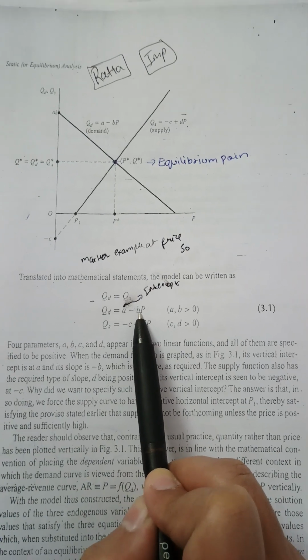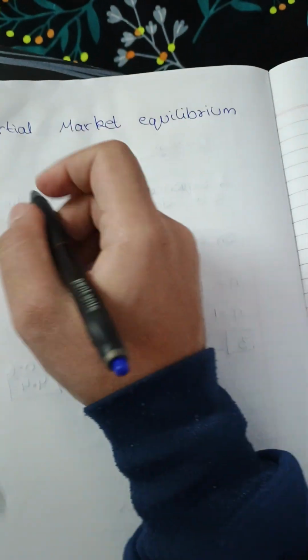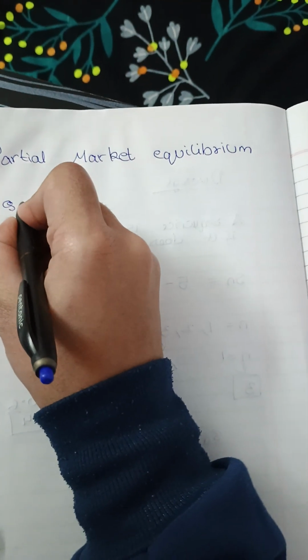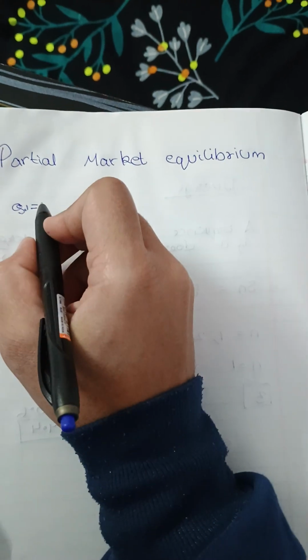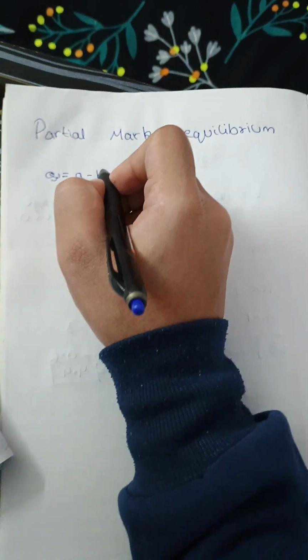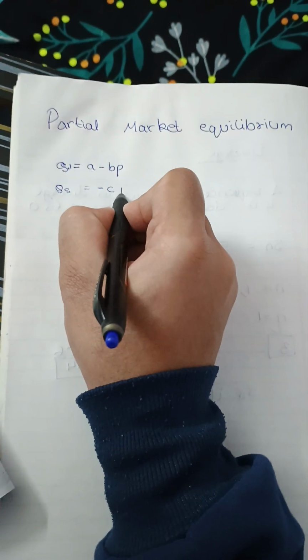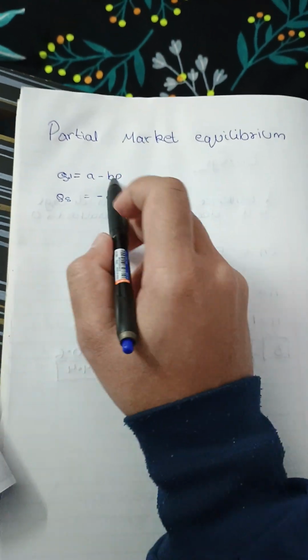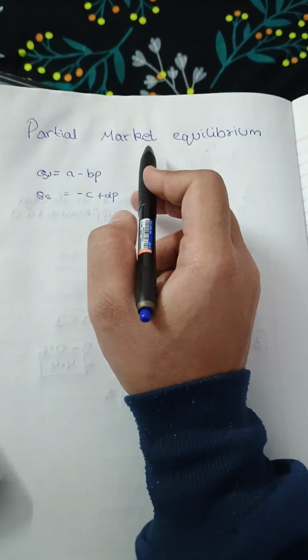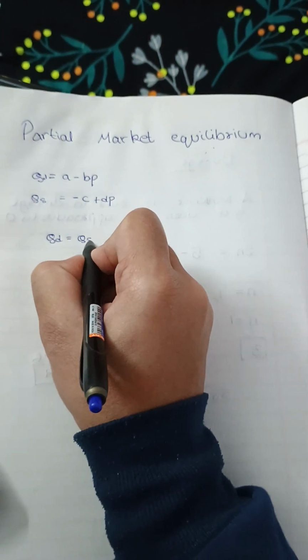So now let's move on ahead and prove this equation. Earlier we have seen that quantity demanded Q equals A minus BP, and quantity supplied equals minus C plus DP. We are studying the partial market equilibrium, so at equilibrium quantity demanded equals quantity supplied.